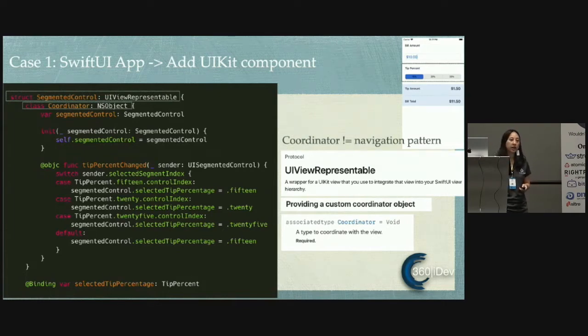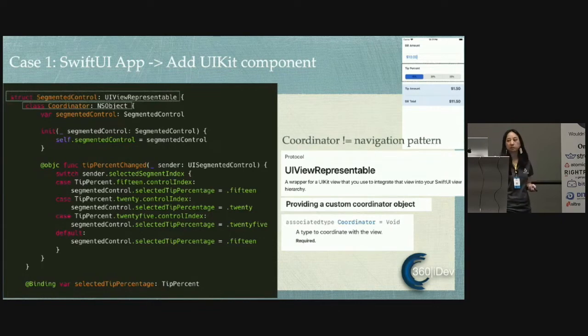Note this coordinator is not the same as the UIKit navigation pattern. This coordinator is part of the Apple protocol UIViewRepresentable. And since the coordinator is an object that has access to the context or state of the app, we use the coordinator to implement the UISegmentedControl's target action pattern, which it is doing through this tipPercentChanged function. tipPercentChanged then informs the app when there are changes to the selected tip percentage.